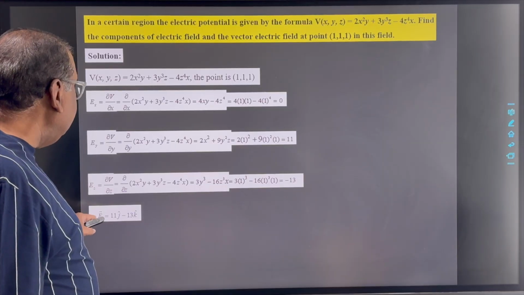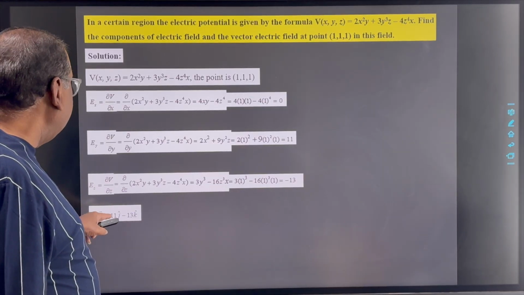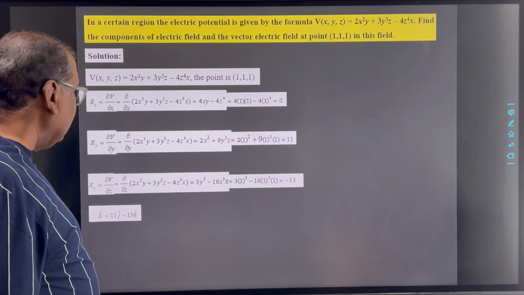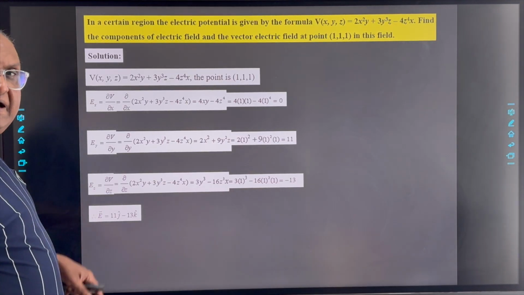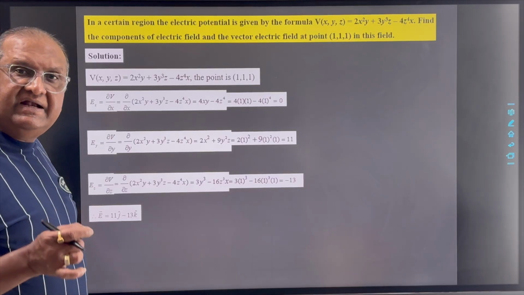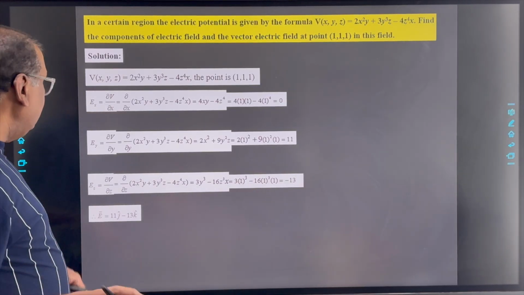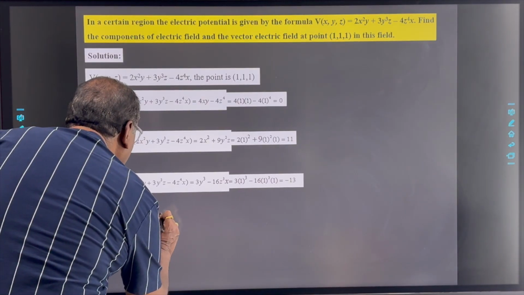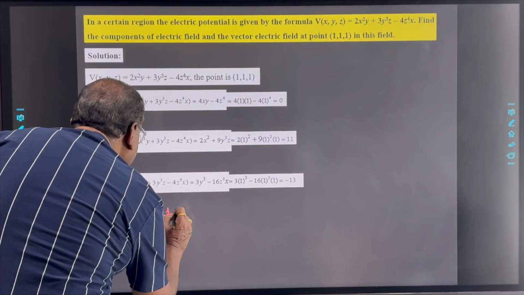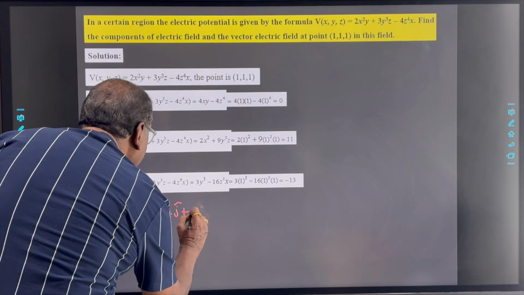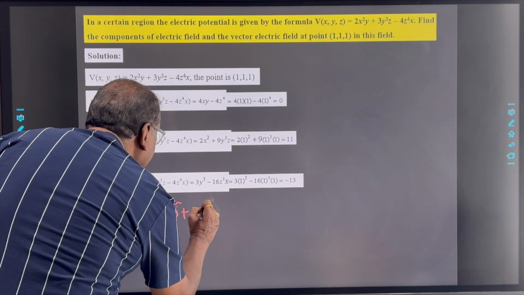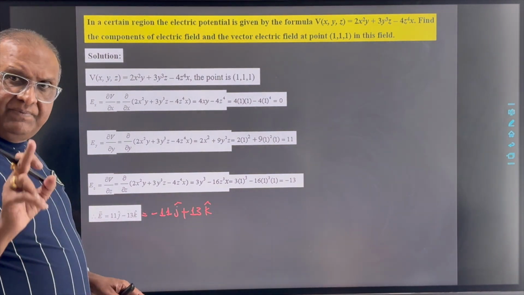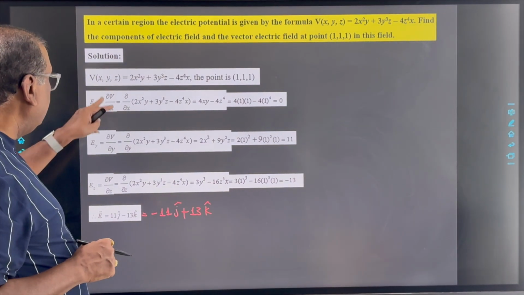Now E is 11 j minus 13 k caret, right? But here we have the relationship E equal to minus del V by del x, so resultantly you can write this as minus 11 j plus 13 k caret. Or see, directly you can apply the negative sign here also.